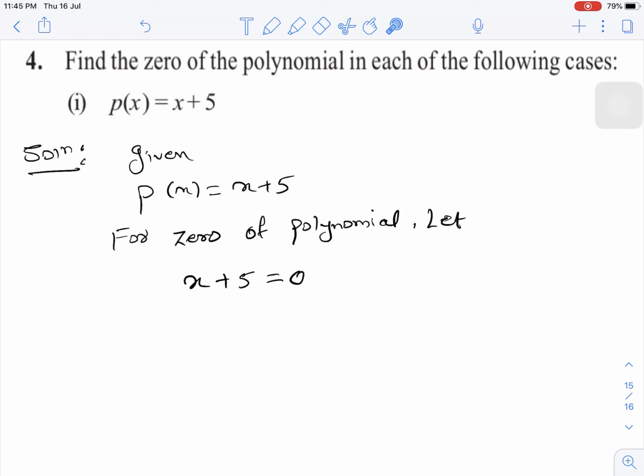Now what we have to do, we will keep this x on one side, and all the remaining numbers on the other side. So what you will get, therefore x equals 0 minus 5, therefore x equals minus 5.